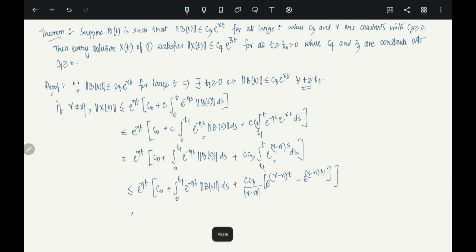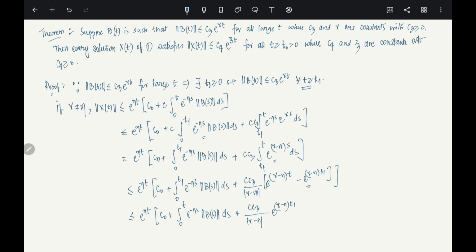Now this can again be dominated by e to the power gamma t times C naught plus the integral 0 to t of e to the power minus eta s norm of b(s) ds, right? Plus, see, here what I am going to do is write it like this: C C3 by gamma minus eta times e to the power gamma minus eta times t1. This term I am writing like this.